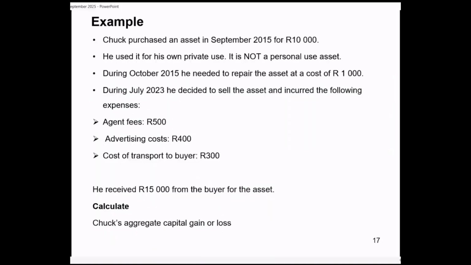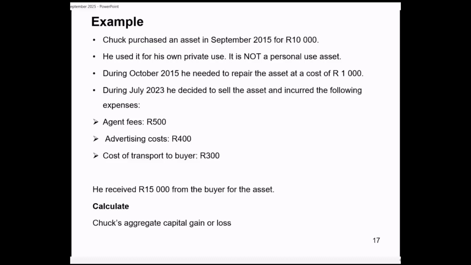So let's do this example. Chang purchased an asset in September 2015 for 10,000. He used it for his own private use. It's not a personal use asset. During October 2015, he needed to repair the asset at a cost of 1,000. During July 2023, he decided to sell the asset and incurred the following expenses when selling: agency fees, advertising fees, and cost of transportation to the buyer at 300.